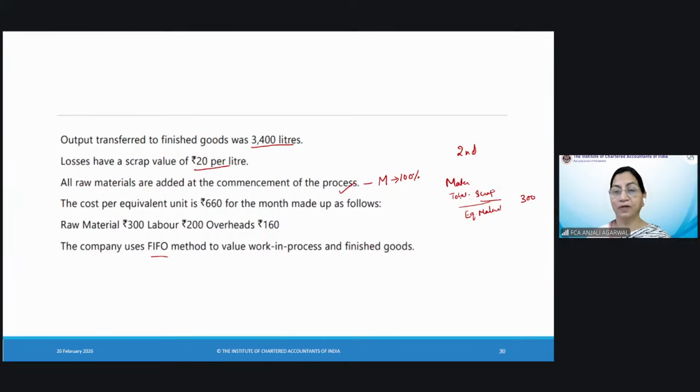Right. So I don't need to add the value of opening stock material here, which information I don't even have. So labor cost is coming out to be 300. Material is 300, labor is 200, and overheads is 160. Material, labor, overheads.